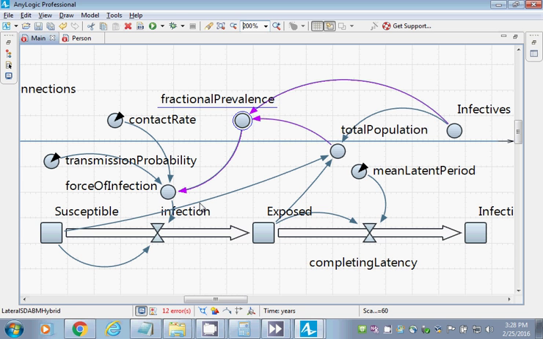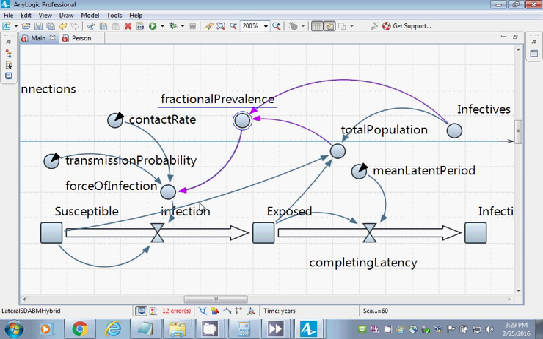Okay, so now we're going to put in the formulas for these. The good news is that the stocks are just going to have fixed constants for their initial values. Susceptible is going to have 999 people. Exposed is going to have 0, and infectives is going to have 0 initially. Those are all the initial values.